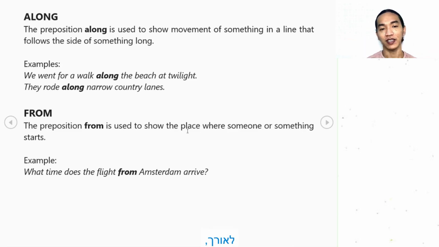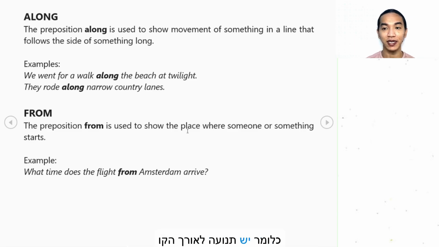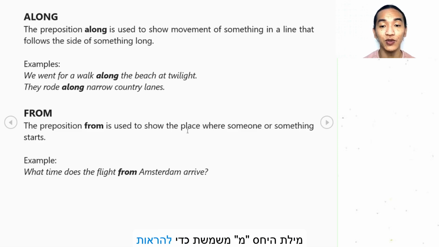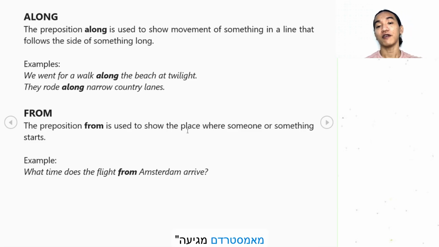They rode along narrow country lanes, where there is a movement following a line. The preposition "from" is used to show the place where something or someone starts from. What time does the flight from Amsterdam arrive? The beginning or the origin, from Amsterdam.